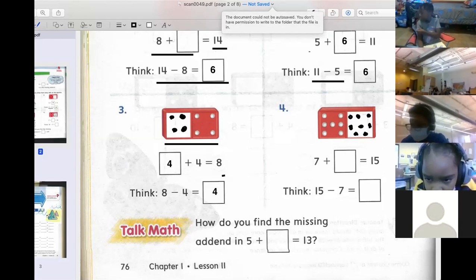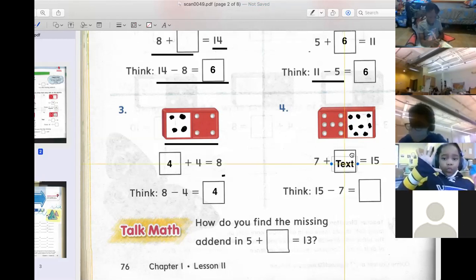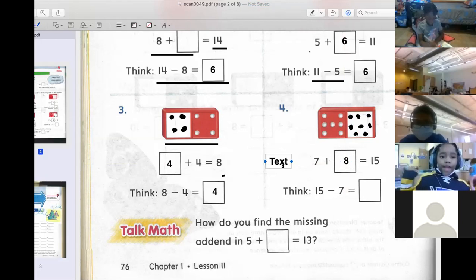What is it, Tamaya? We actually have 8. We got 8. 7 plus 8 equals 15. So that also means that 15 minus 7 is 8. Okay? Sit down.